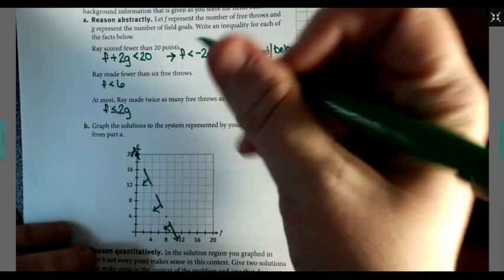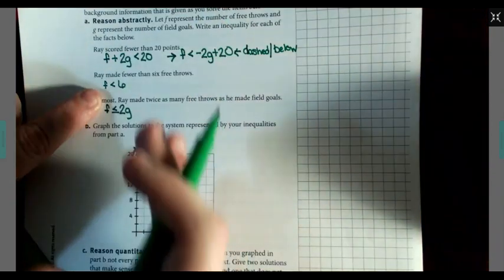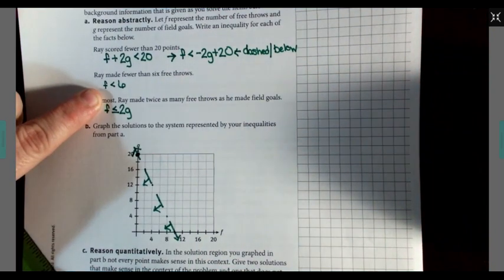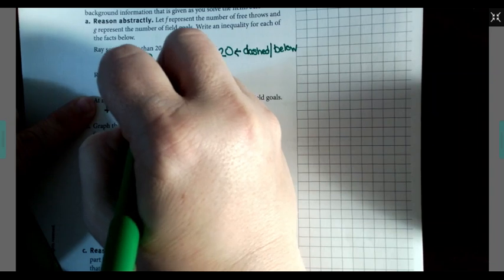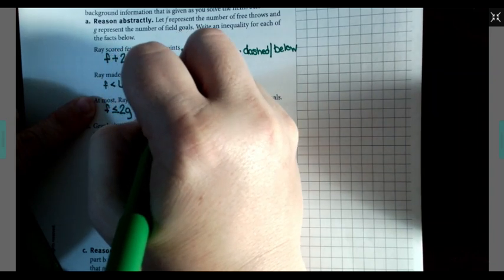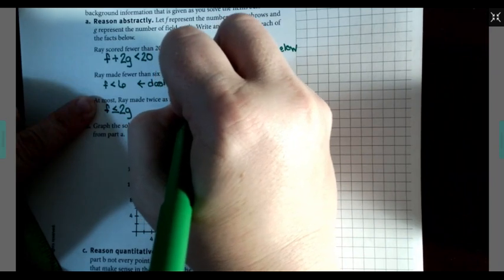Okay? F equals, remember those are those vertical lines because it's representing my X. This is going to be dashed. And it's going to be shaded below.